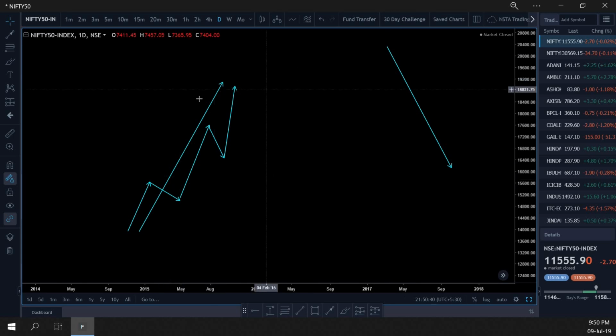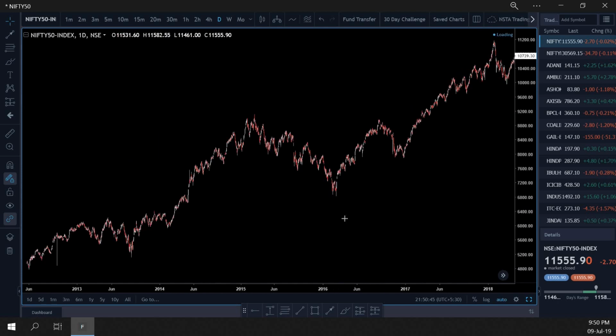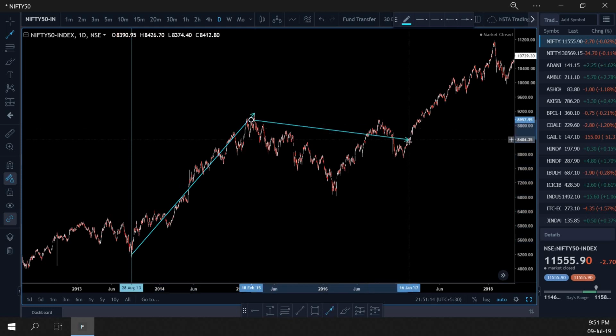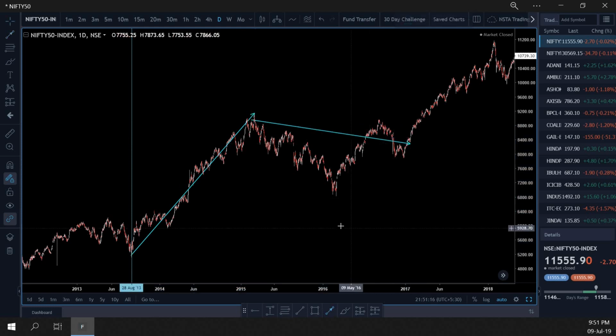So keeping that picture in mind, let's look at the Nifty on the chart. What are the impulses and what is the corrective structure? Let's take this starting point and see from this time onwards what we have in the market. From here to here we have this much price movement, and then from this phase to this phase we have the corrective structure.